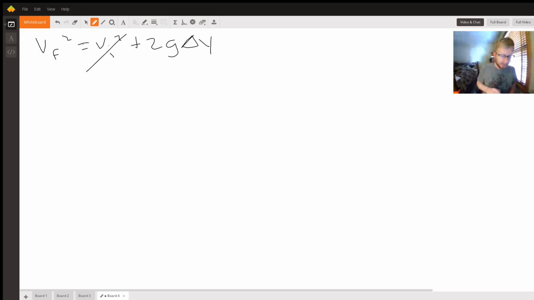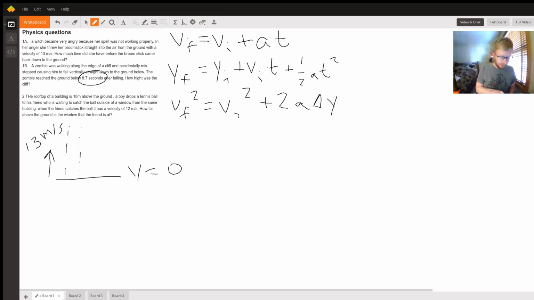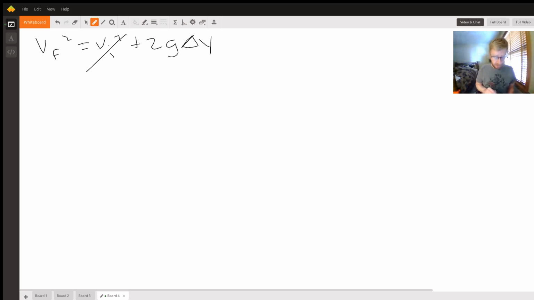We know the final velocity, the problem told us that, was 12 meters per second. So let's plug that in and work from there. So we get 12 squared equals 2g and the change in the height. All right, so 12 squared is 144.